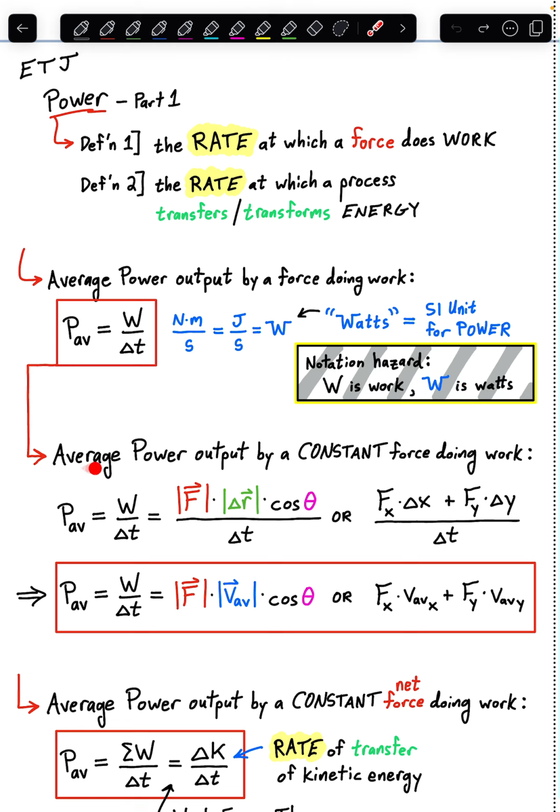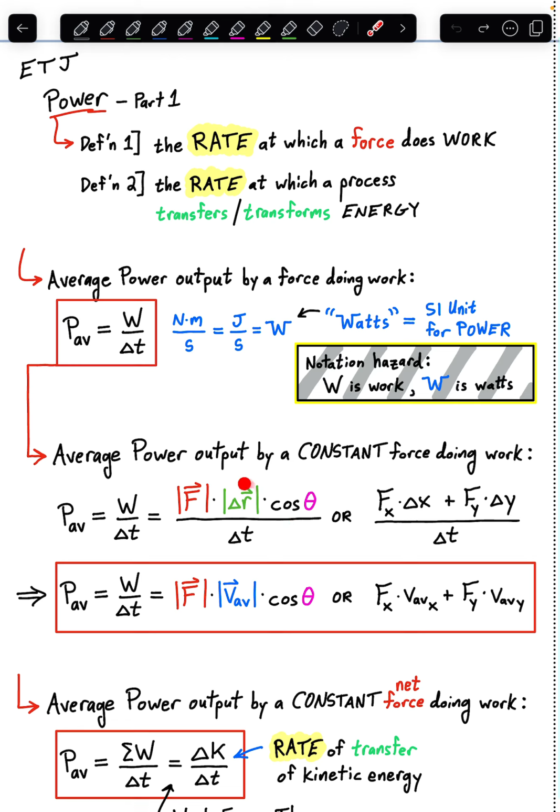Average power output by a constant force doing work over time can be found by using this formula for work divided by time, or formula number 2 for work done by a constant force. So let's simplify these two formulas to get another expression for average power. Here we see delta r over delta t.